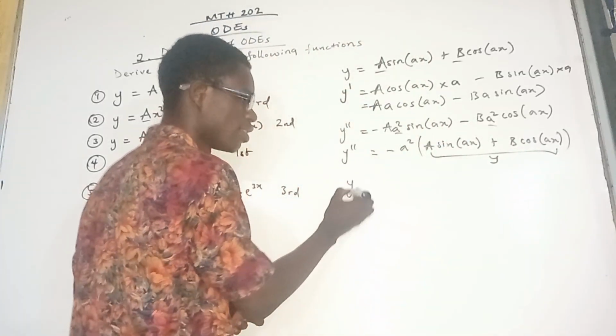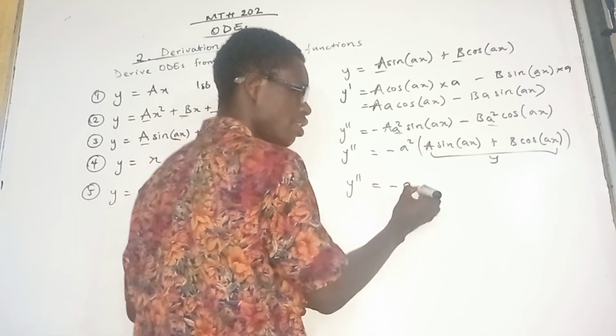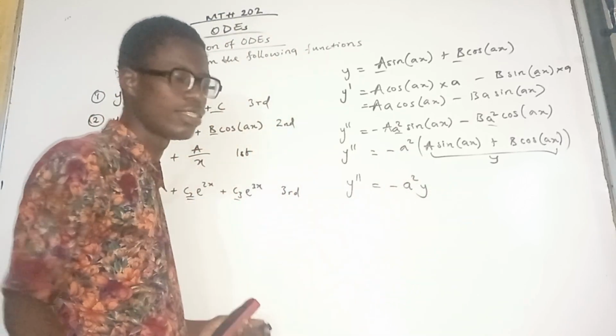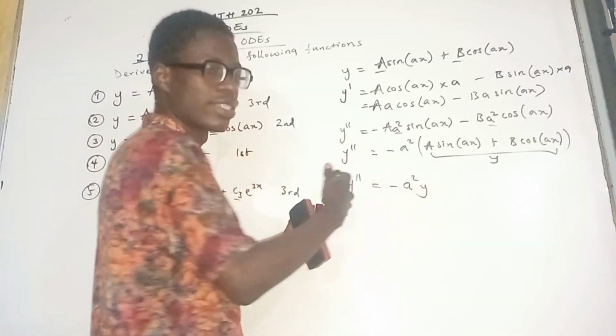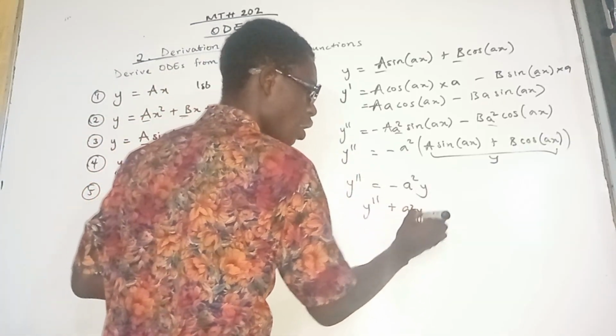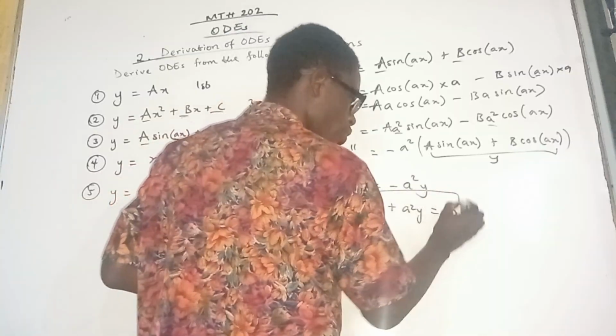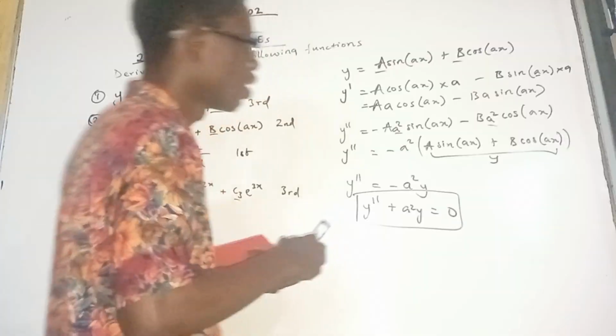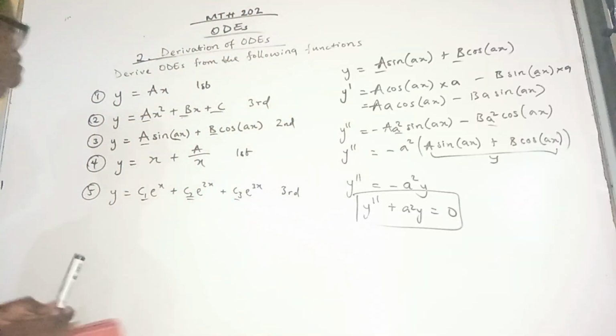So I'm just going to rewrite this as y double prime equals minus a squared y, and that's my final ODE. There's no more constant in this equation. I can now bring this to the right side if I wish. Y double prime plus a squared y equals 0, and I'll call this my final ODE, the second order ODE, and that's all for the third question.